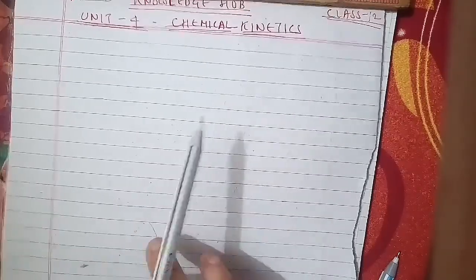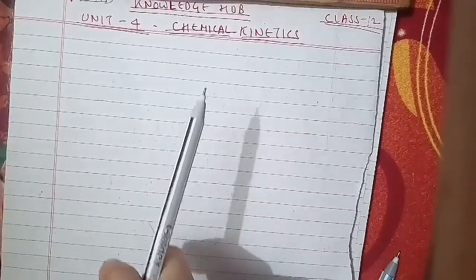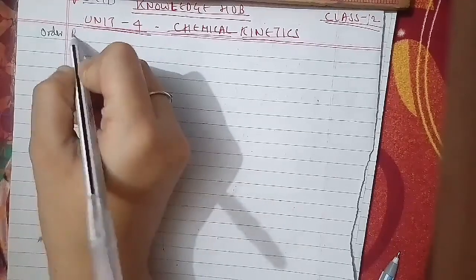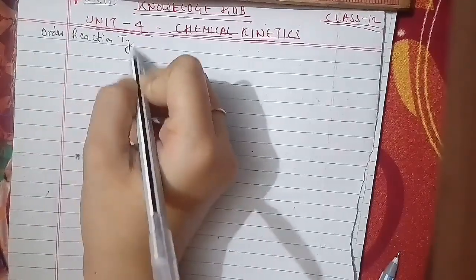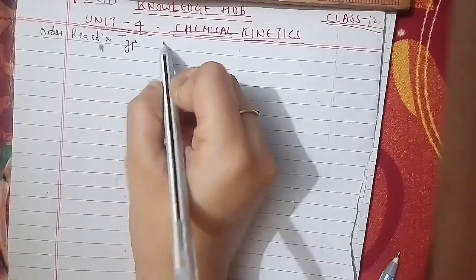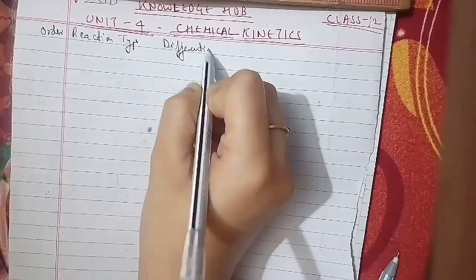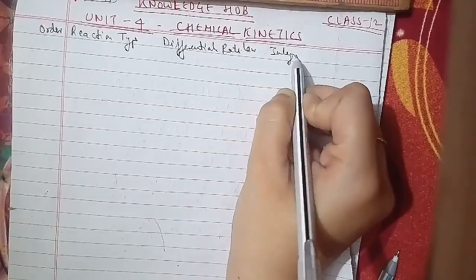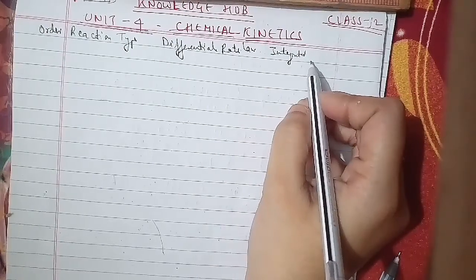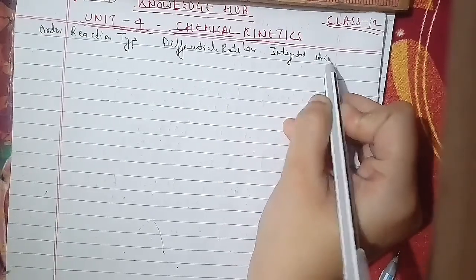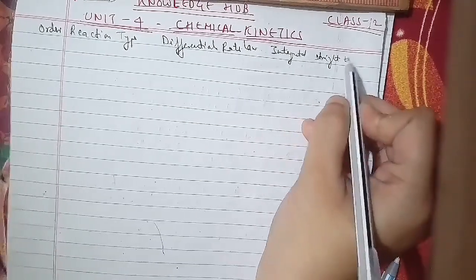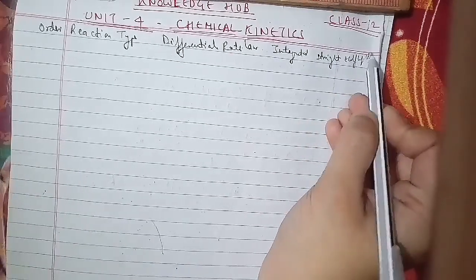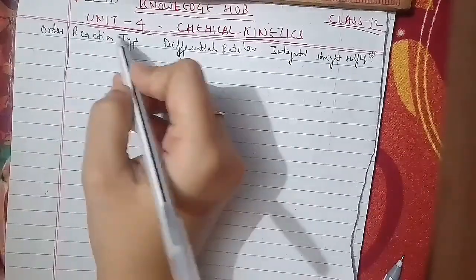For that we'll first make a table, and we'll talk about the order, reaction type, differential rate law, integrated rate law, straight line plot, half-life, and of course the units of K. Okay, so we'll go ahead further.